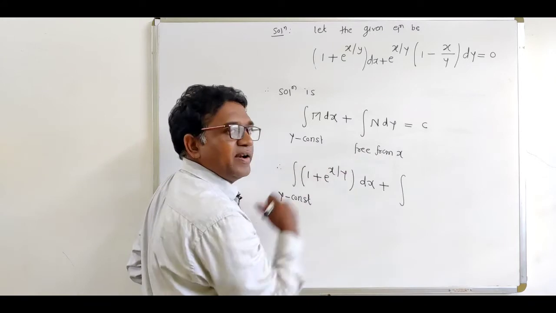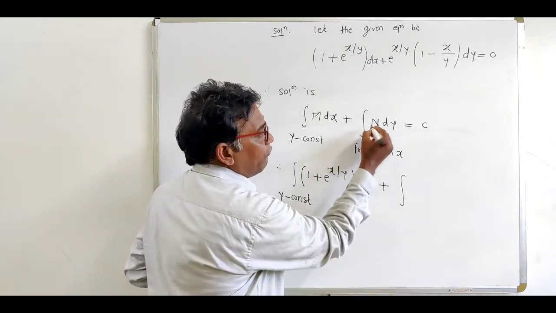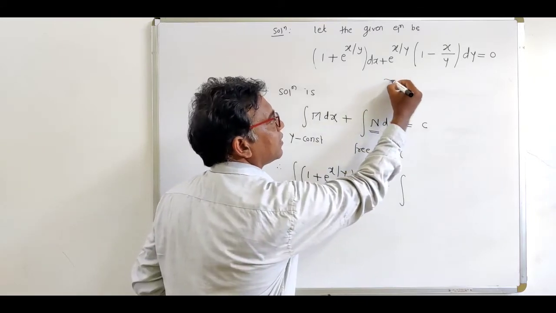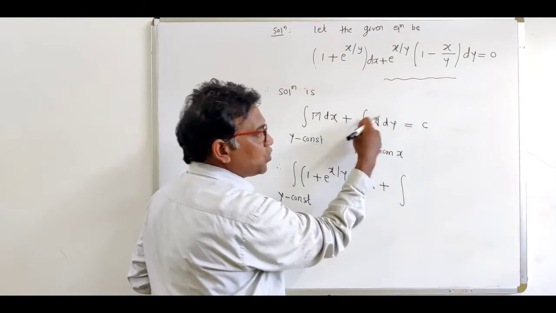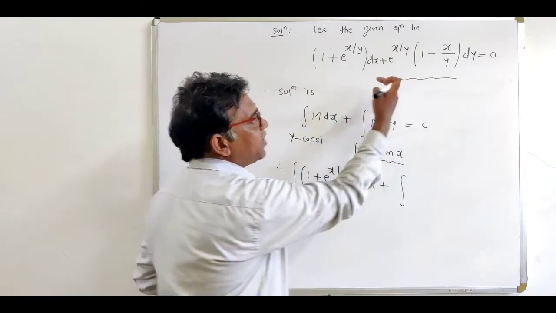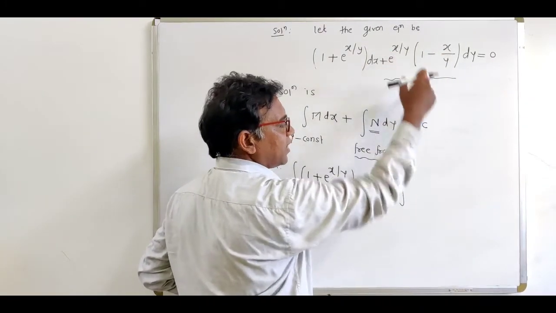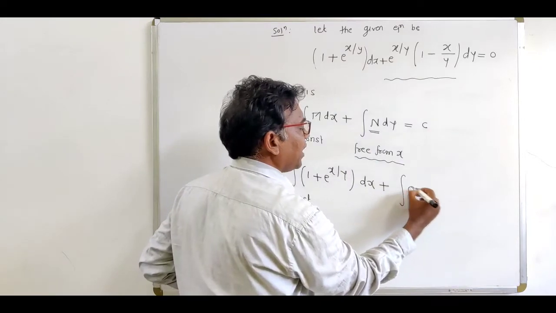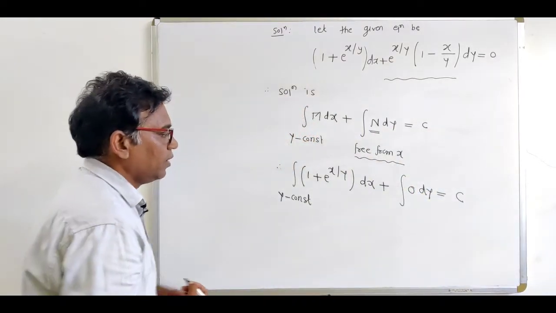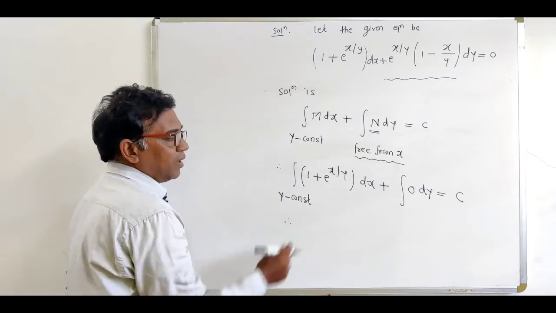Now what is this second integral? We have to write those terms from N which are free from x. This is our N. So write those terms from N which are free from x. Obviously this total function contains x, so there is no term without x. So write here 0 dy equal to c. So find out this integration.